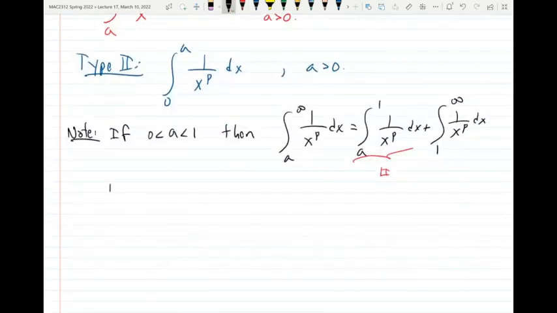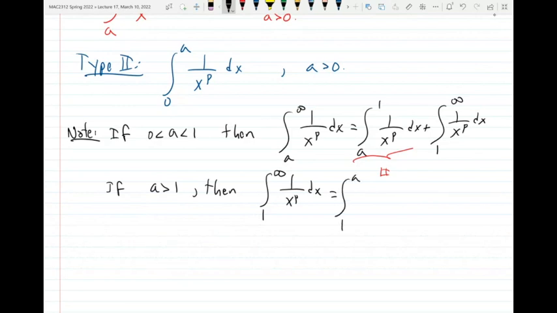If on the other hand a is bigger than 1, then the integral from 1 to infinity is going to be the same as the integral from 1 to a plus the integral from a to infinity. And once again, this right here is a number, because that's from 1 to a.